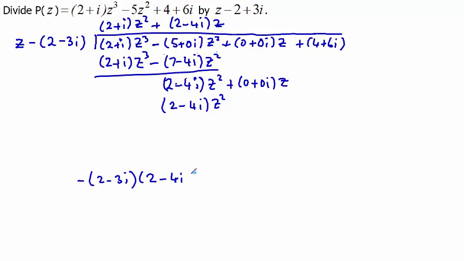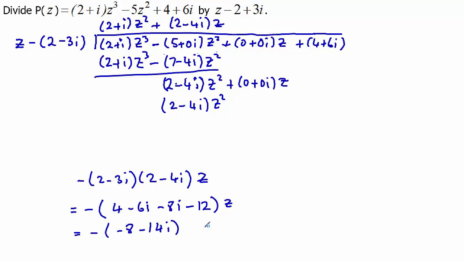2 minus 4I z. So that's minus, we're going to get 4 minus 6I minus 8I plus 12I squared. So that's minus 12. So that's going to be minus 8 take away 14I z's, which is 8 plus 14I z's.